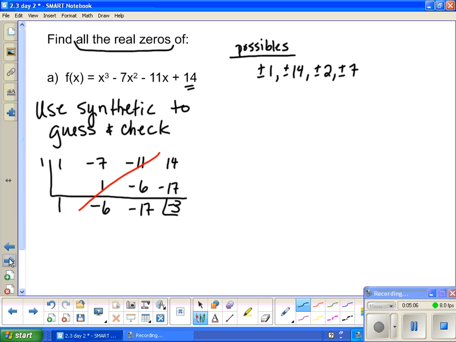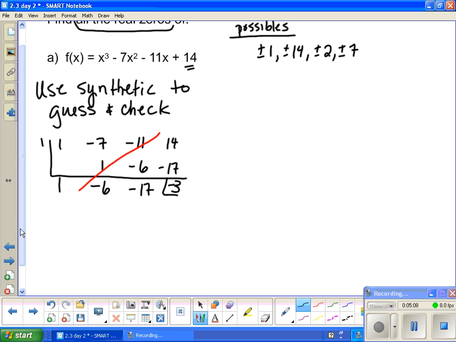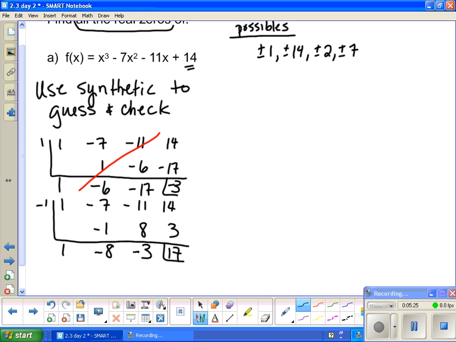Okay, so I go to another possible zero. Negative 1. 1, negative 7, negative 11, 14. Those are my coefficients again, so I test. Multiply, add, multiply, and negative 1 does not work.